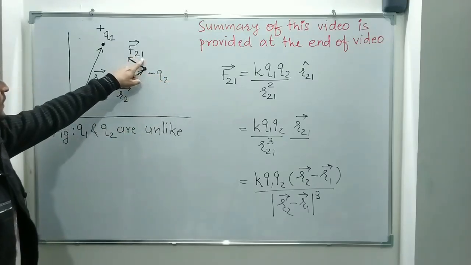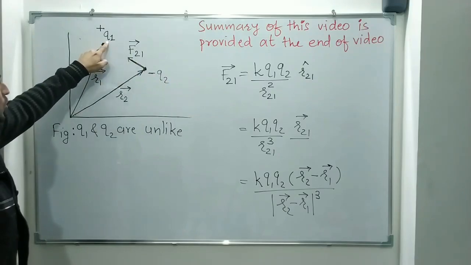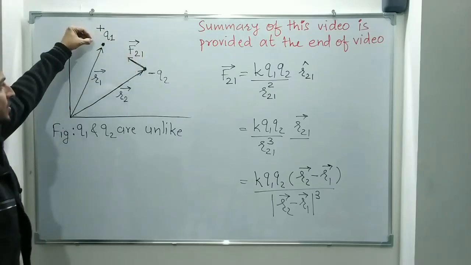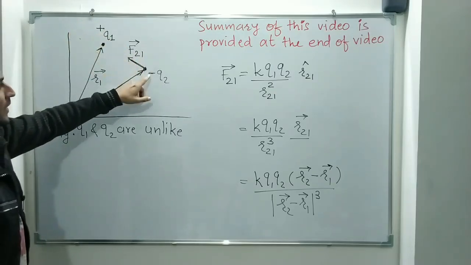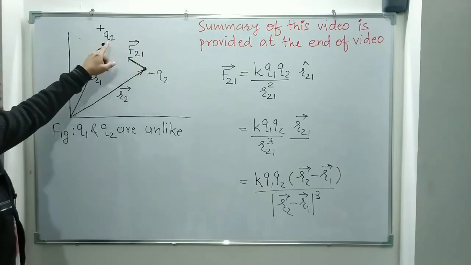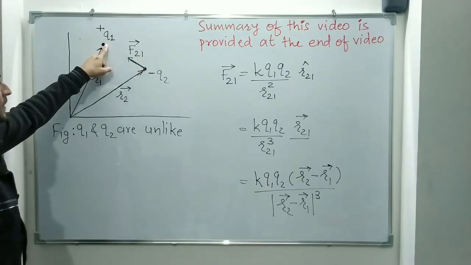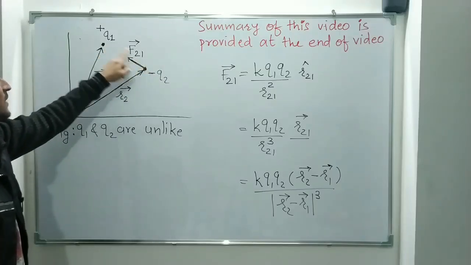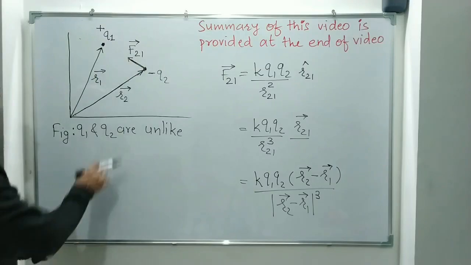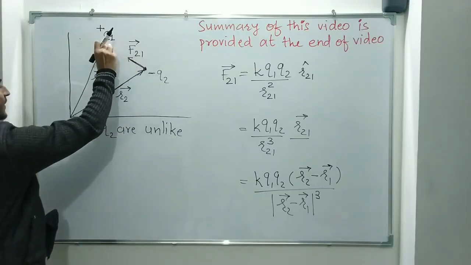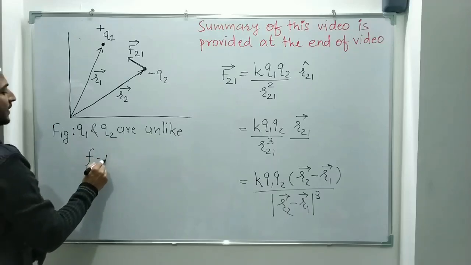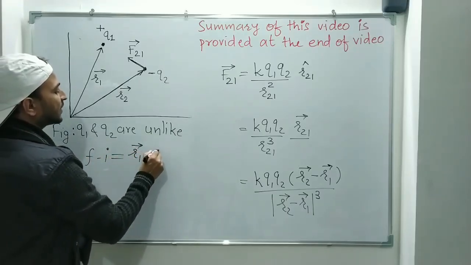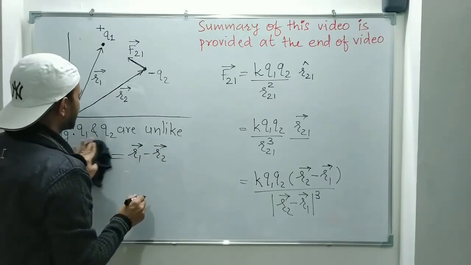F21: both will attract, so Q1 will attract Q2 in this direction. So it is the force on Q2 due to Q1. The direction is from Q2 towards Q1. This is initial, this is final. So final minus initial will be R1 vector minus R2 vector.